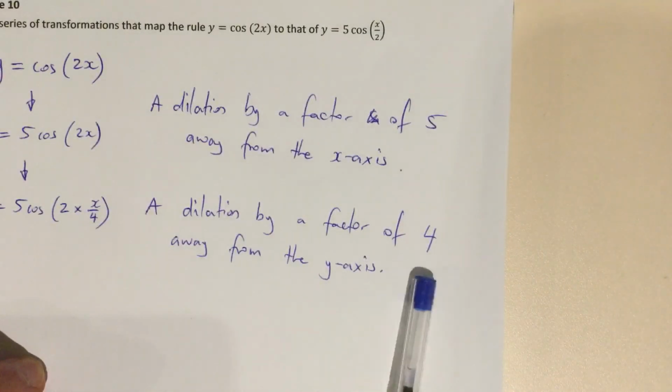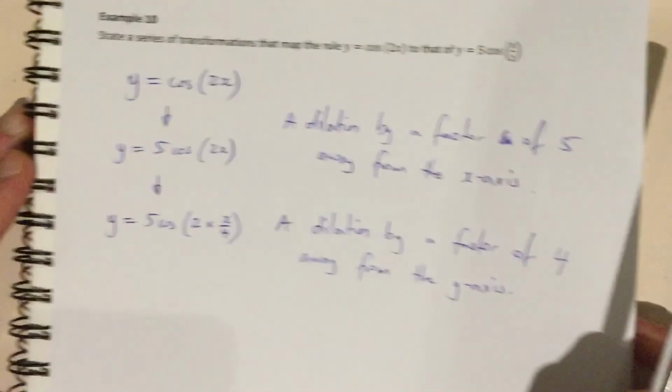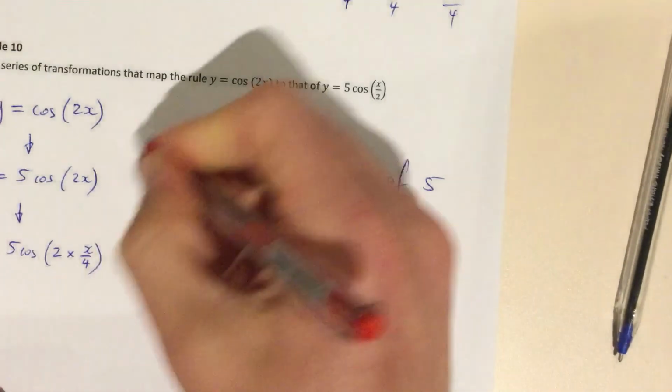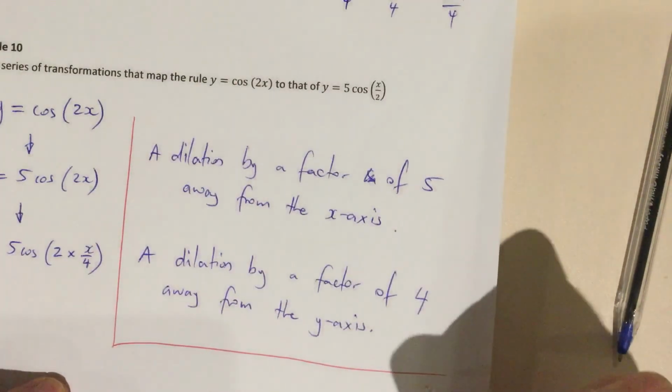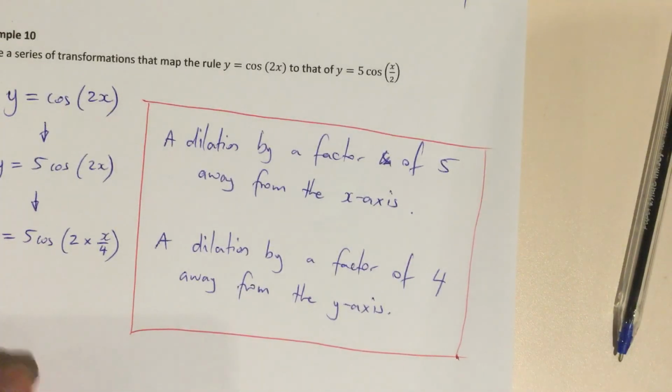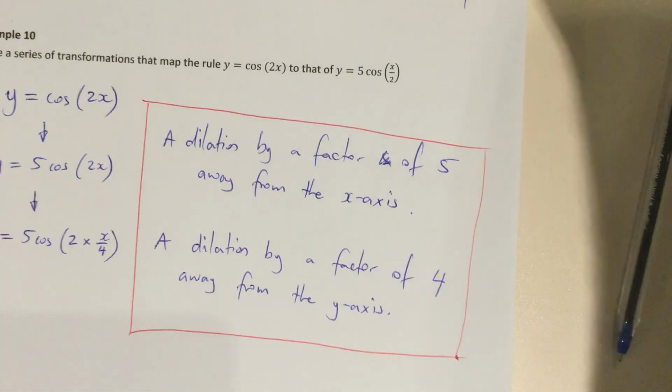Because dilating by a factor of 4 away from the y-axis just turns x into x over 4 in your function. So the other parts were just for our own benefit, but this really is the answer to the question, stating the two transformations. And we've done another exercise. Good work.